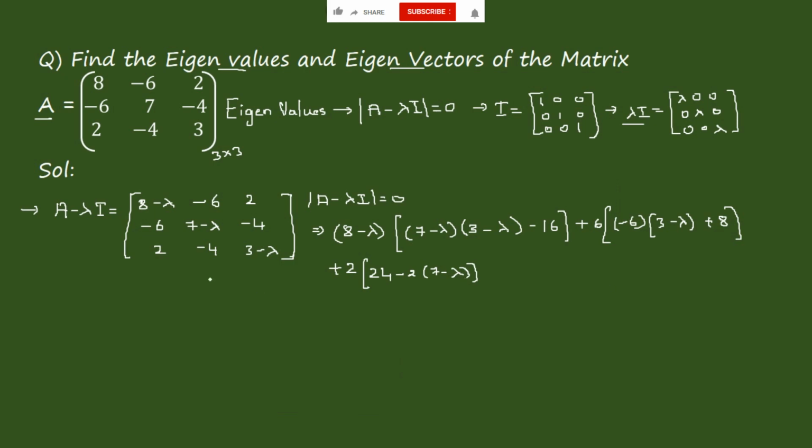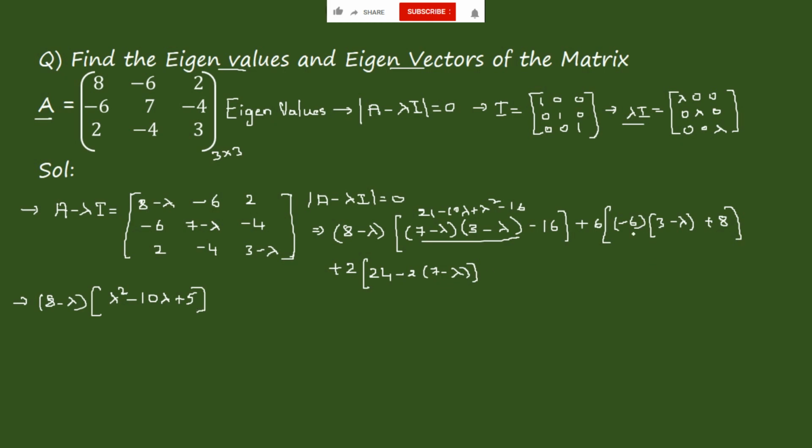So just substitute these values. We get 8 minus lambda into, just multiply these two and minus 16. So it becomes 21 minus 10 lambda plus lambda square minus 16, so it becomes lambda square minus 10 lambda plus 5.